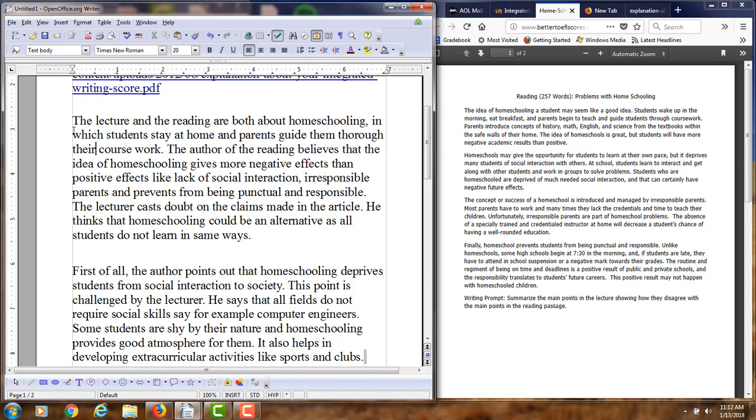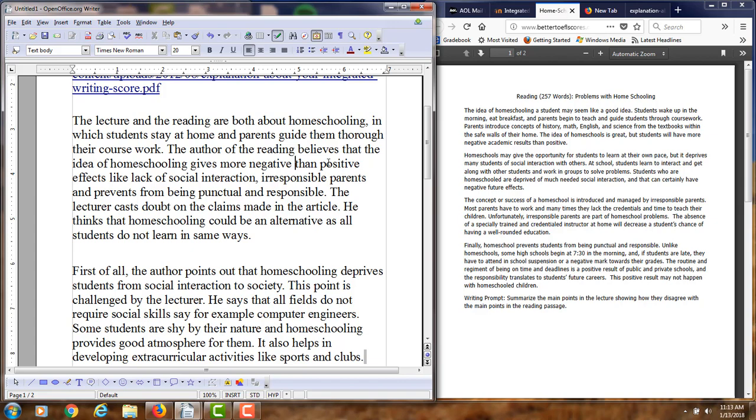through their coursework. The author of the reading believes that the idea of homeschooling gives more negative effects than positive effects. How about this? Let's make this a little more concise.